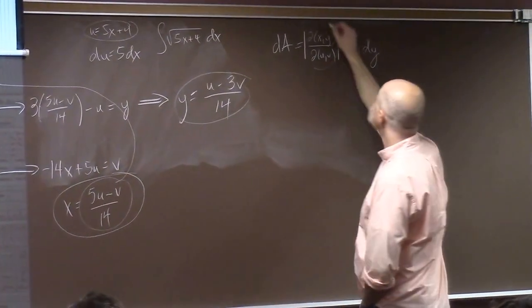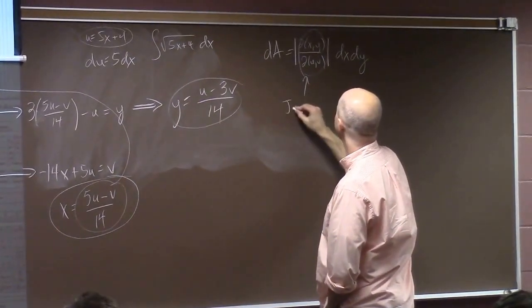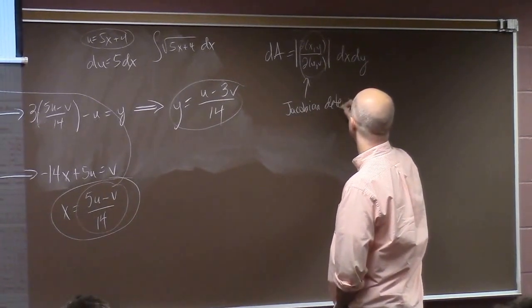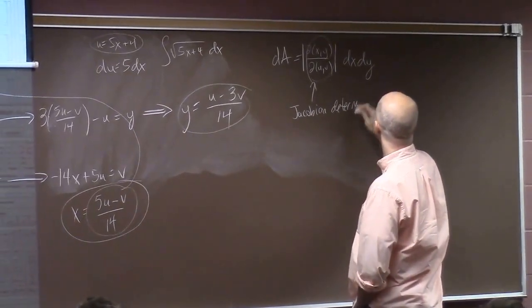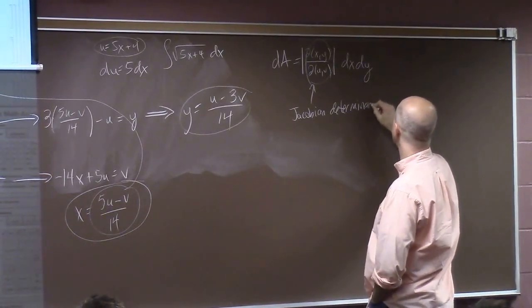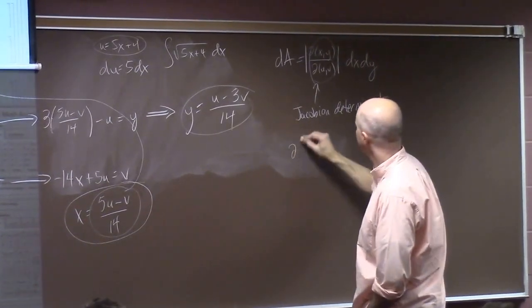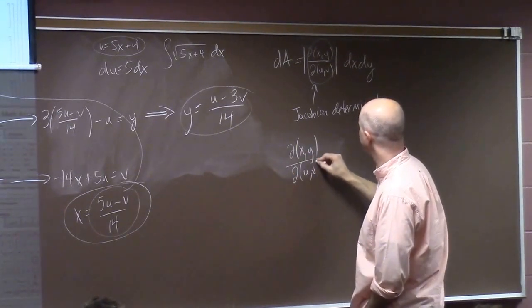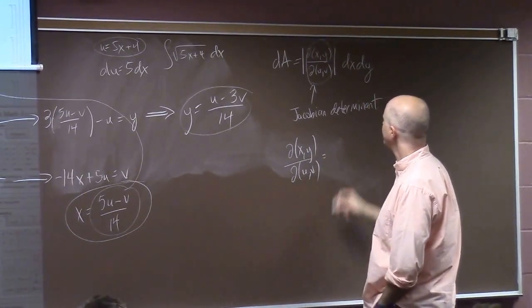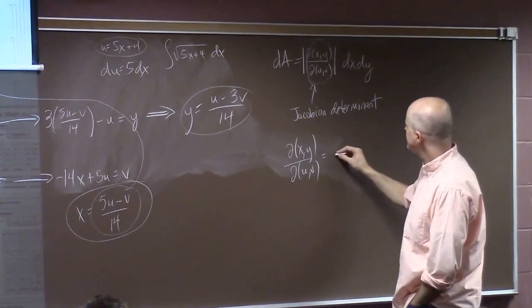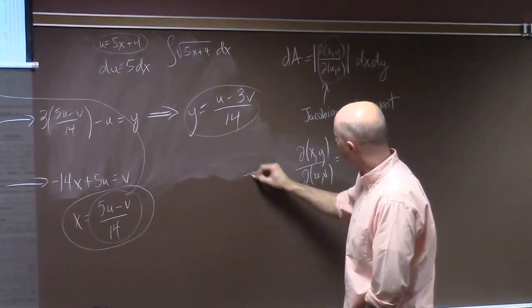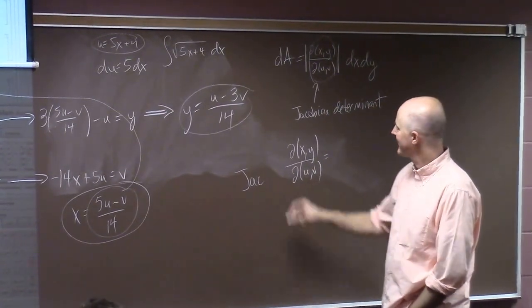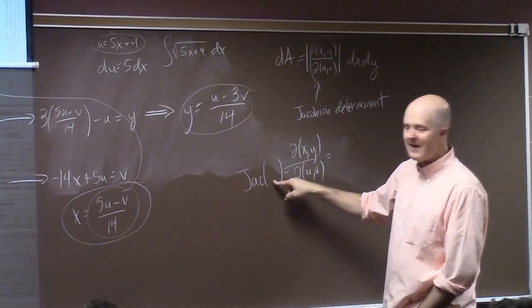This is called the Jacobian determinant of this substitution or of this transformation. Also in our book they call it JAC, J-A-C, for Jacobian. I'm going to leave that blank for the moment.